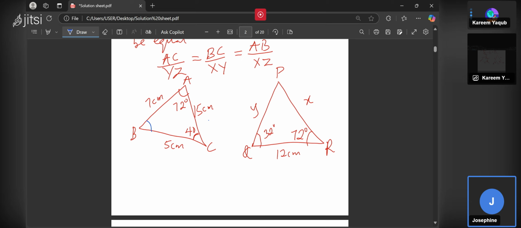You know that the sum of angles in a triangle is 180. So 72 plus 40 degrees equals 112. So 180 minus 112, you are going to get 32.